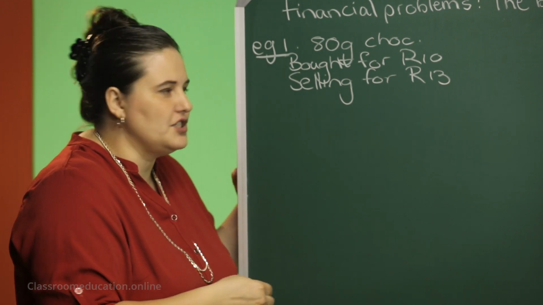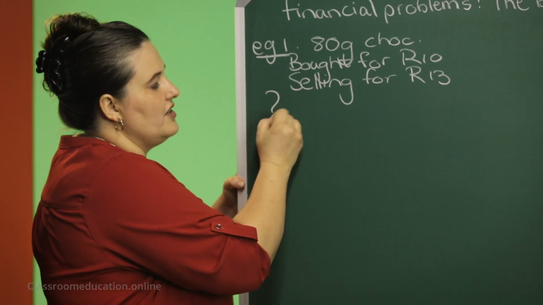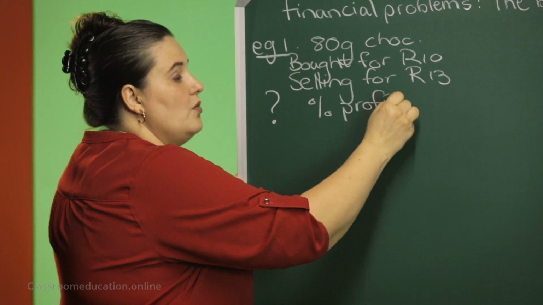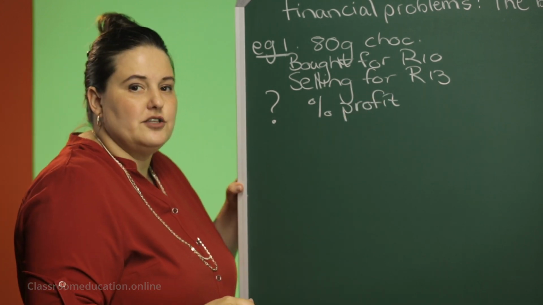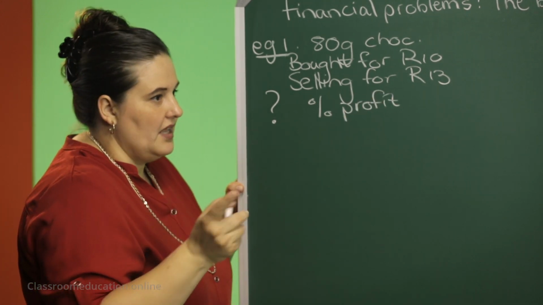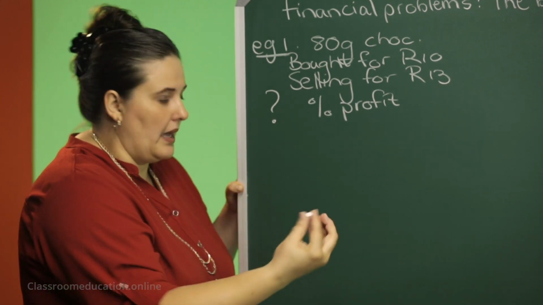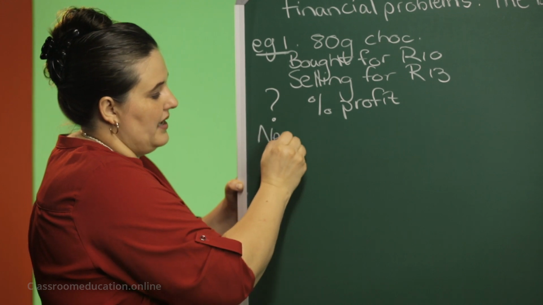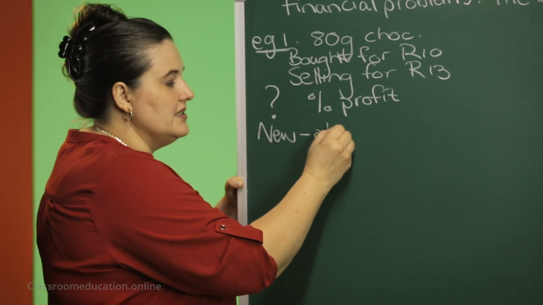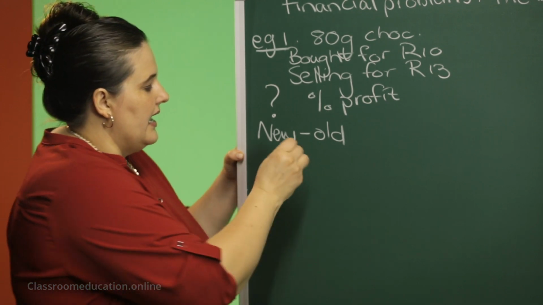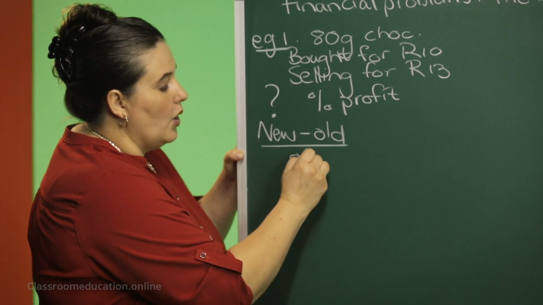So we would like to calculate the percentage profit. And how will we do this? I'm going to show you two methods. First, take your new amount minus the old amount. Actually, we are just getting the difference between the two, and you are going to divide it by the old.